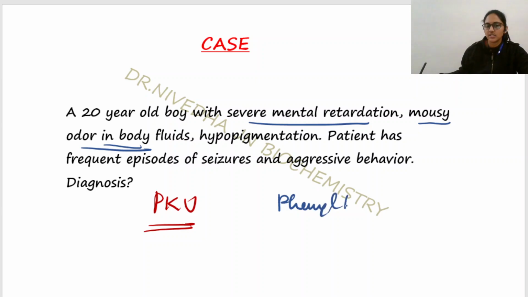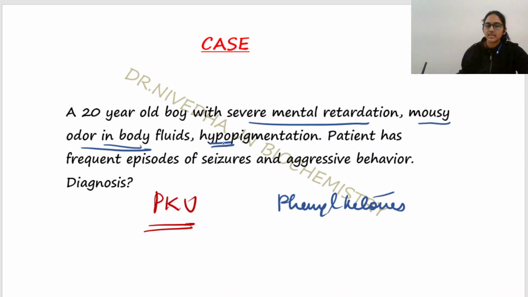Yes, accumulation and excretion of phenylketones in the urine is responsible for the mousy odor in the body fluids, especially in your urine. And hypopigmentation, because phenylalanine gets converted to tyrosine, and tyrosine is necessary for synthesizing melanin, a skin pigment.